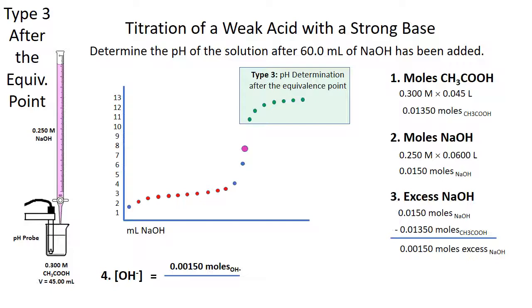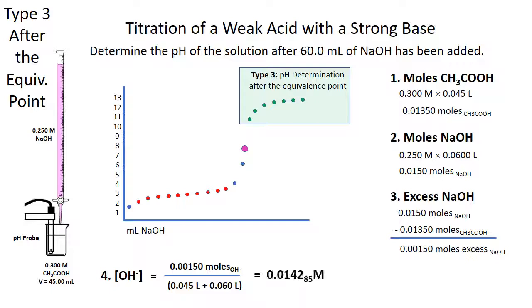So we have 0.00150 moles of hydroxide ions floating around in solution, and be careful, because in order to determine the concentration of hydroxide ions, you need to use the total volume, which will be the original 45 milliliters of acetic acid plus the 60 milliliters of sodium hydroxide that you've added. Here I've converted those to liters.